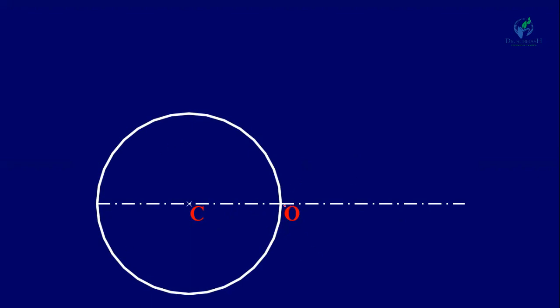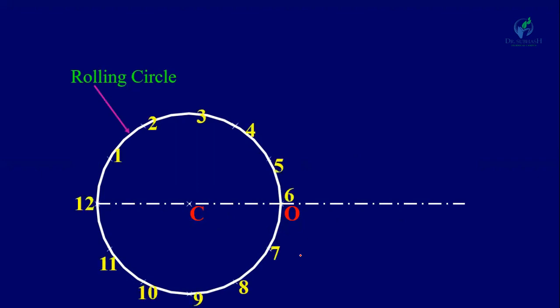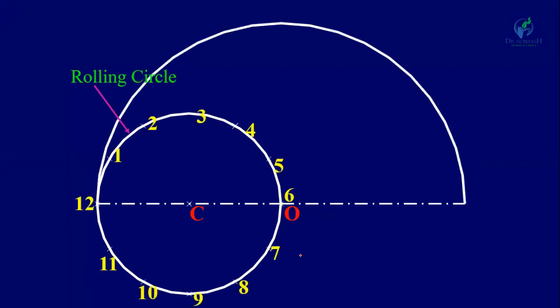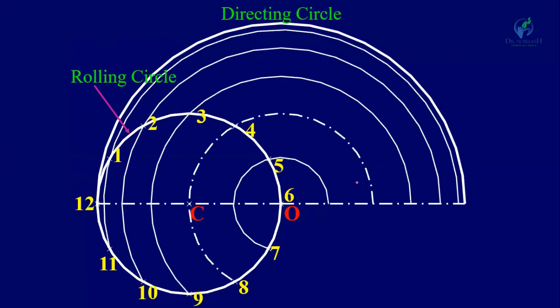Now from O as a center, draw a circle and divide it into 12 divisions, and draw a directing circle. Similarly, draw different circles passing through the different points 1, 2, 3 up to 12, and here you will get the centers C1 to C12.